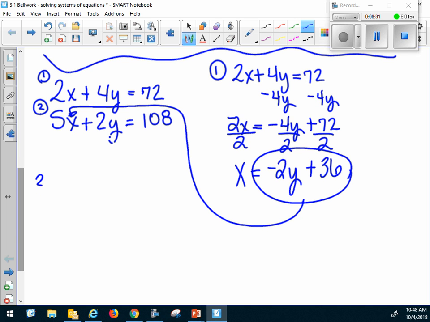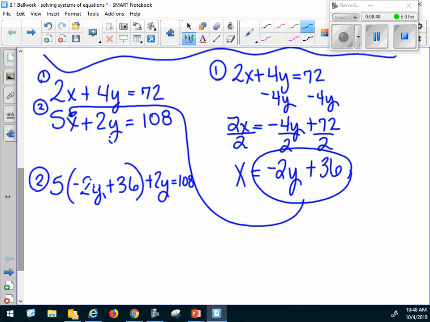So I'm going to use equation number 2 now. 5 times, plugging in all of this for x, negative 2y plus 36, and then I have plus 2y equals 108. Make sure you're following me. I'm just plugging all of that in for the x here, and then writing the rest of the equation.